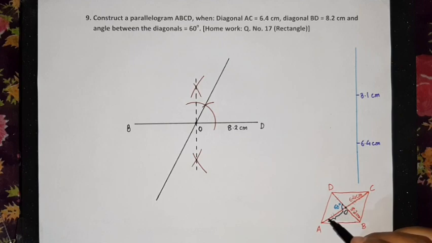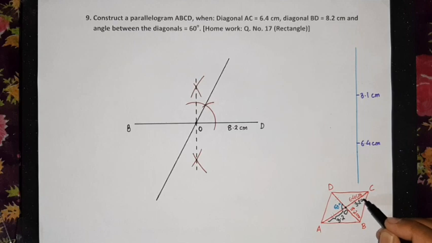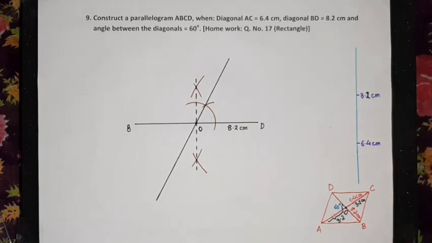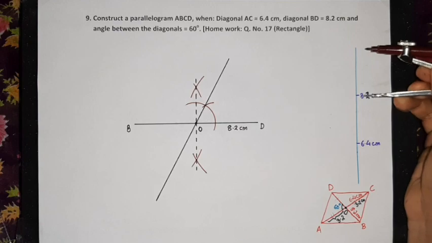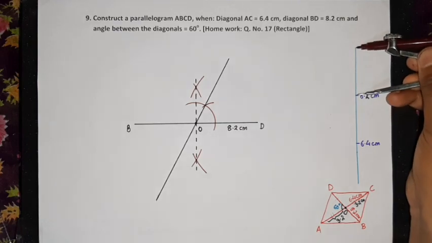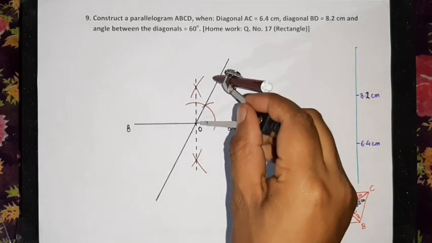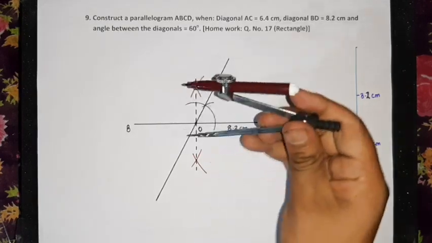We know that from here to here is 6.4, so this will be 3.2, and this is also going to be 3.2 centimeters. So let me take the radius of 3.2 from here, keep it here and cut it here and here as well.